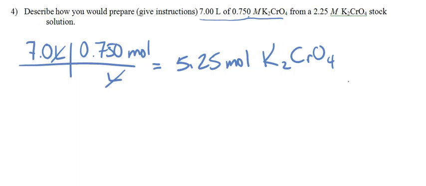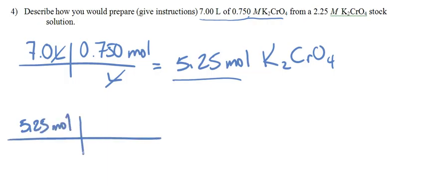So I'm actually working backward. I know I've got a 2.25 molar stock solution bottle on the shelf, and I need to make a 0.75 molar solution. So I know I need 5 1/4 moles, and I'm going to start with that.